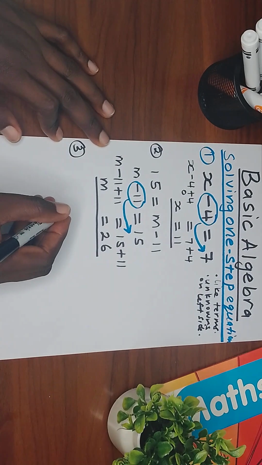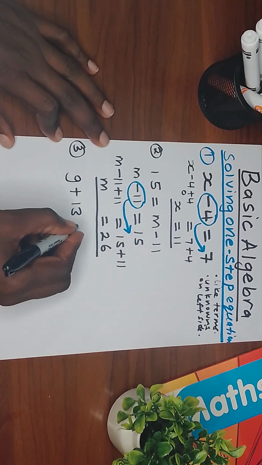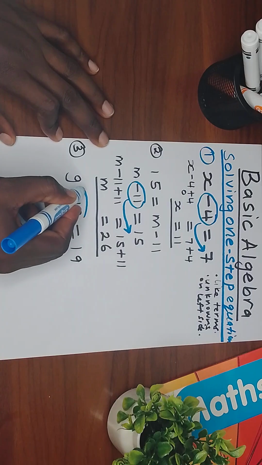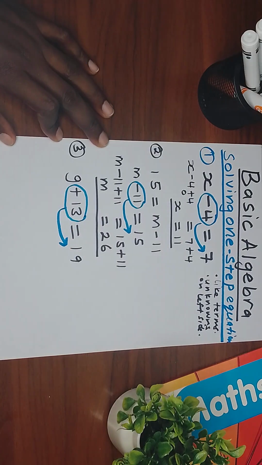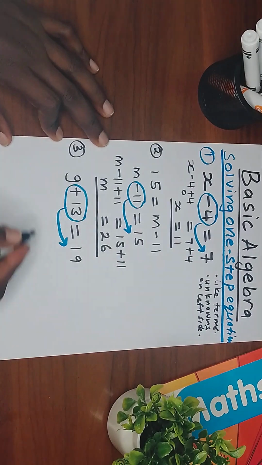So we have g plus 13 is equal to 19. Now this time we have a positive number here, and we said when the number crosses the equal sign, it changes the sign. So it is going to change to negative 13 or minus 13.